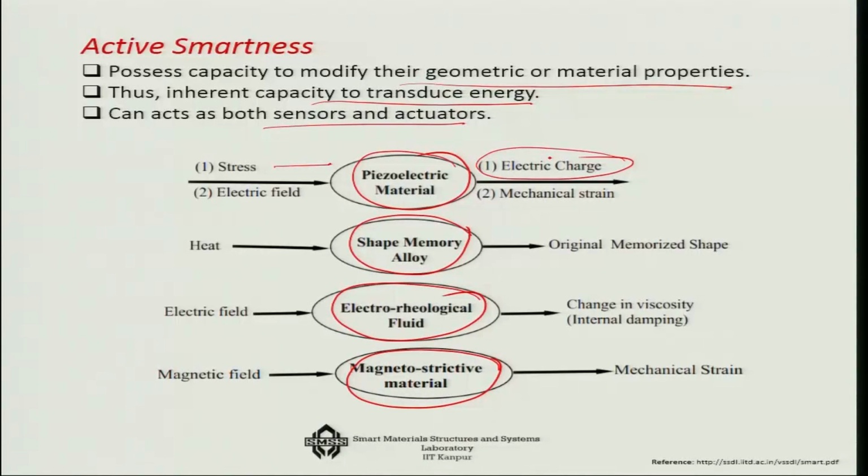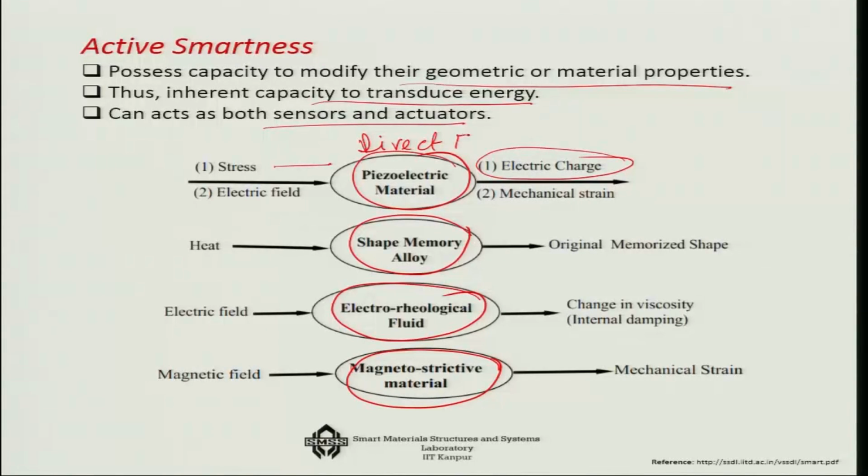You can do a small test. Take a good size sugar crystal, and in a completely dark room, hit it with a hammer. You are definitely going to see a streak of light coming out, and that is actually the electric discharge happening in the system. That is a telltale sign of a piezoelectric material.